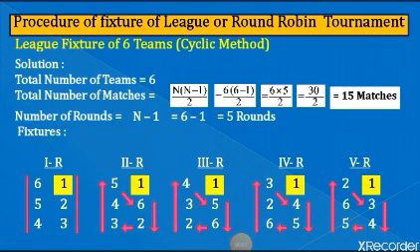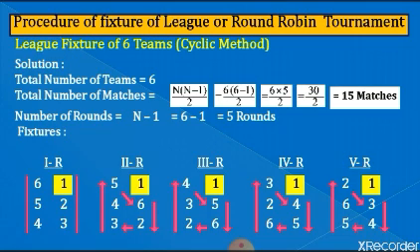In this tournament, there are 3 matches in each round. In the first round, the matches are between 6 and 1, 5 and 2, 4 and 3. In the second round, the matches are between 5 and 1, 4 and 6, 3 and 2.